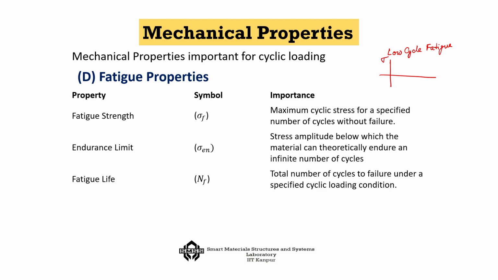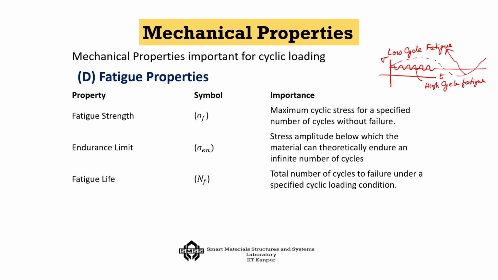For example, if I plot sigma with respect to time, maybe with respect to a base value, there will be a continuous high to low stress. In comparison to the low cycle fatigue, where your cycle is of a much longer time period, here this is a high cycle fatigue. So, these are two important applications.